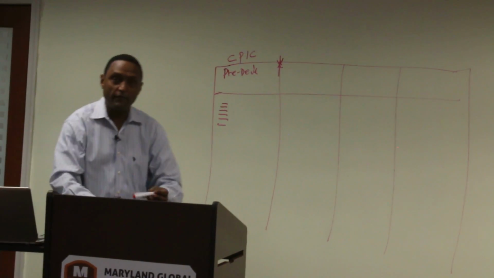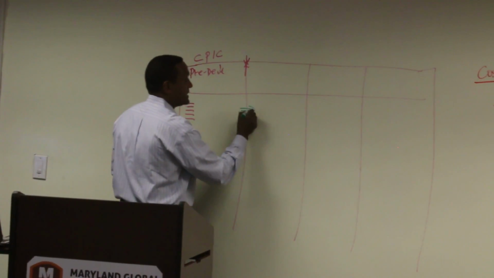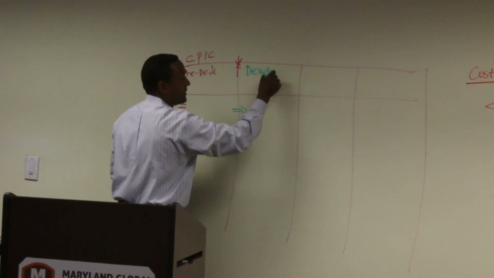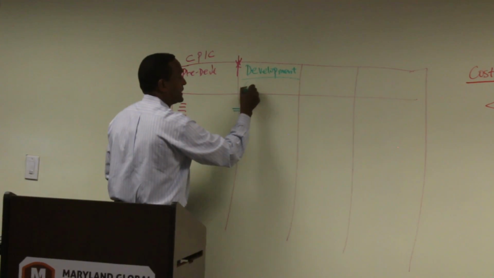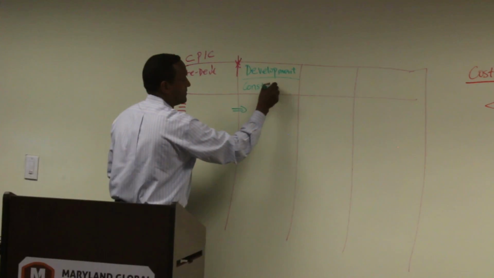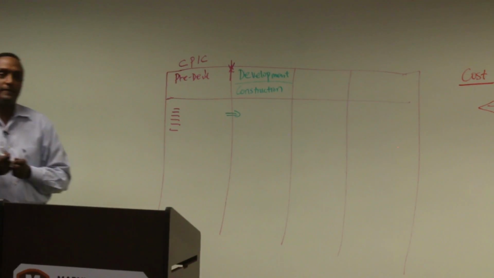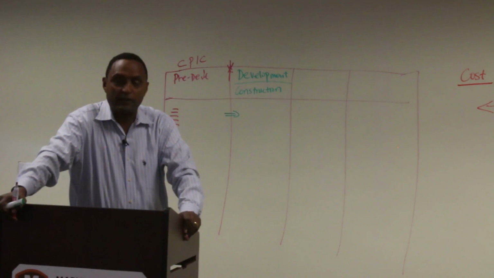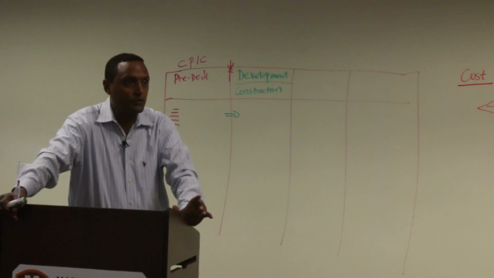Now, you have that product, and you decide to move to the next stage, which we call the development stage. In construction, it's the construction stage. Now, if I ask you to take a mental model of the 5 phases of projects: initiation, planning, execution, controlling and monitoring, and closing.